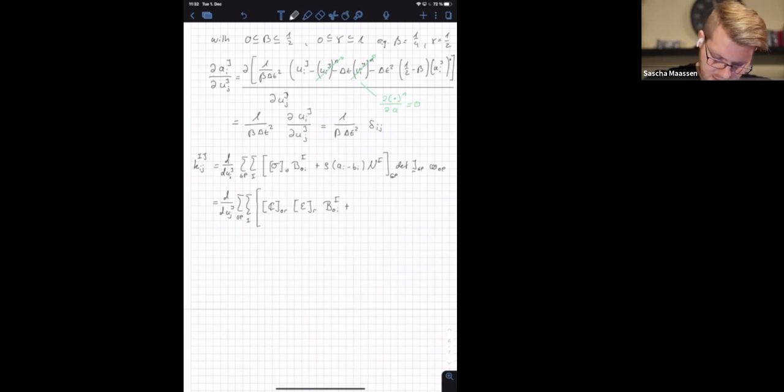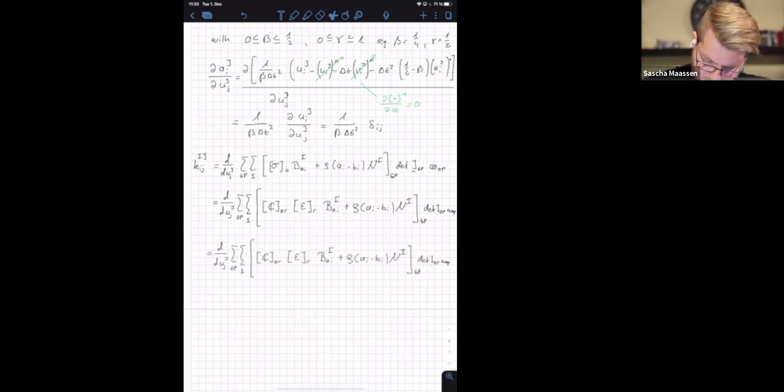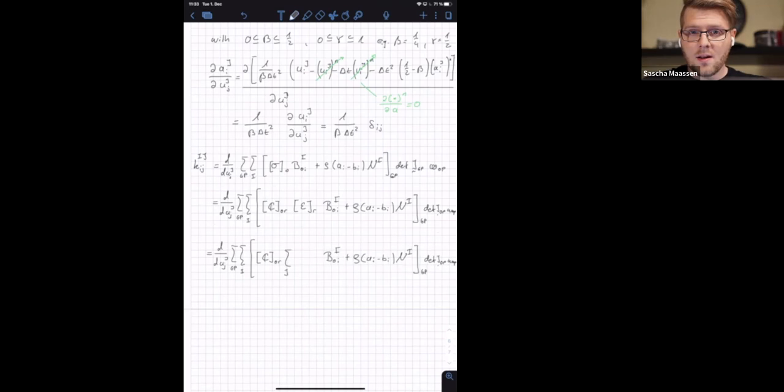So that's our constitutive law, and now we can insert our interpolation.